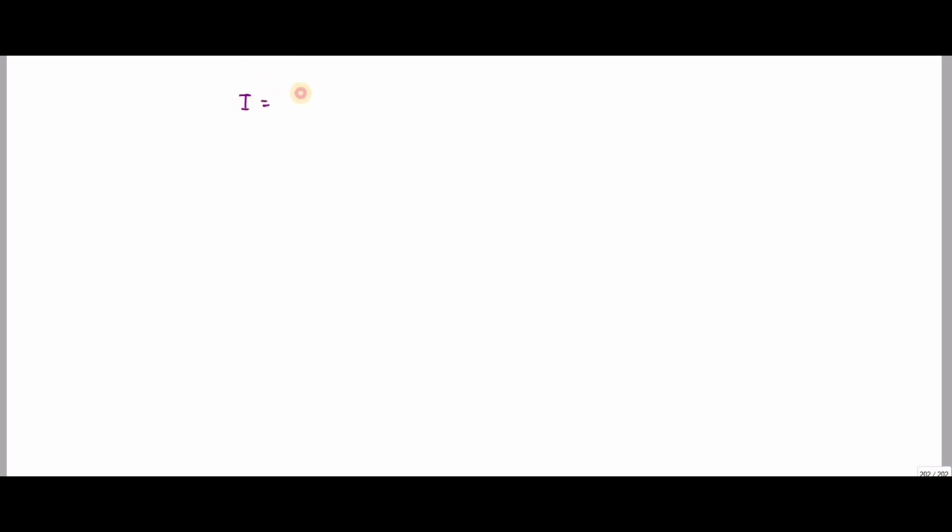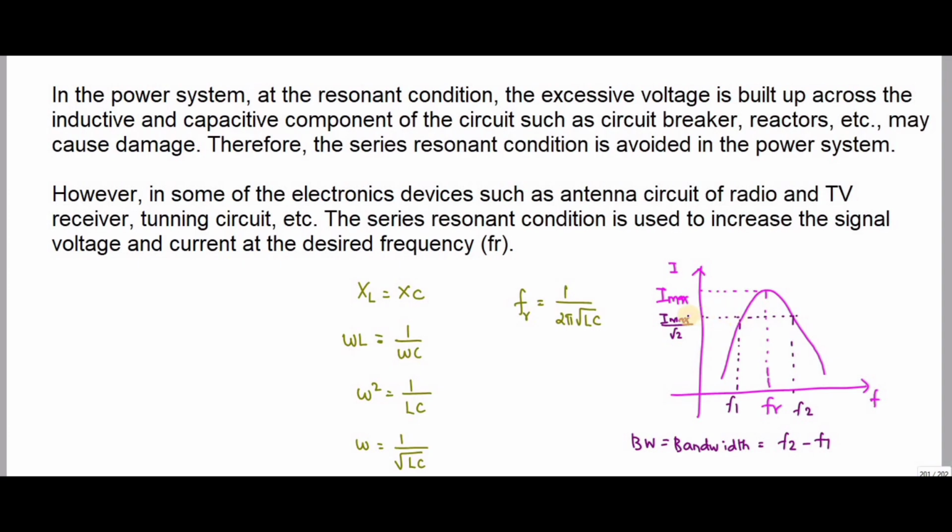So we know that I is equal to V divided by R plus JXL minus JXC, right? I max is at the frequency where you will get V divided by R, because at resonance frequency only you will get the maximum value, right? So at F1, you can see the I value is I max by root 2.